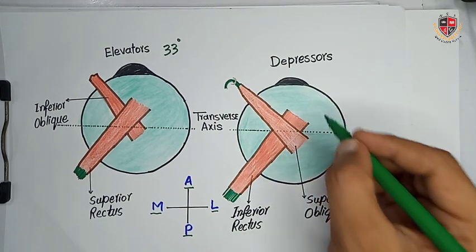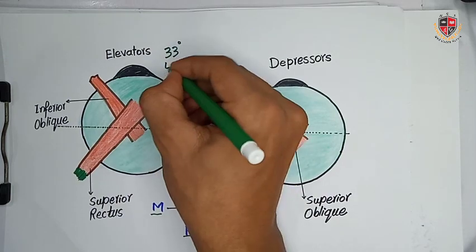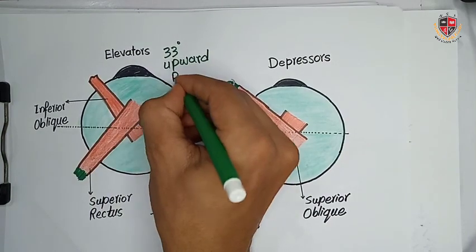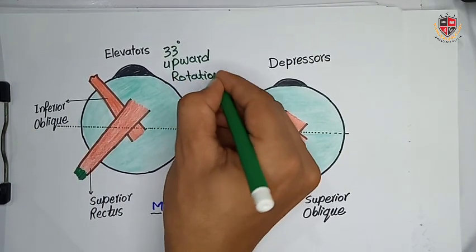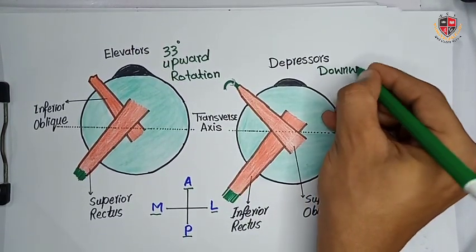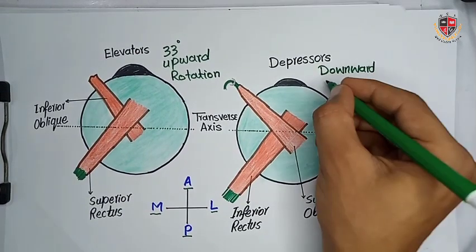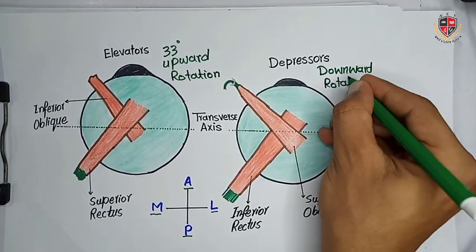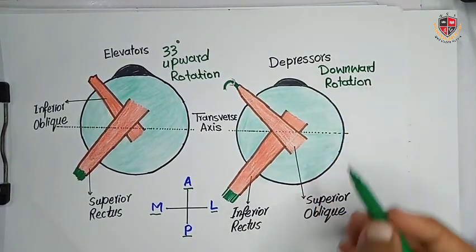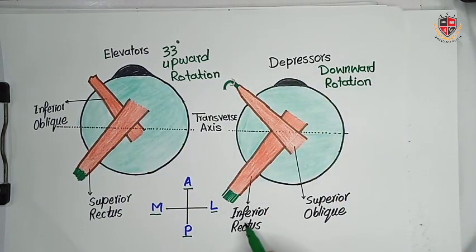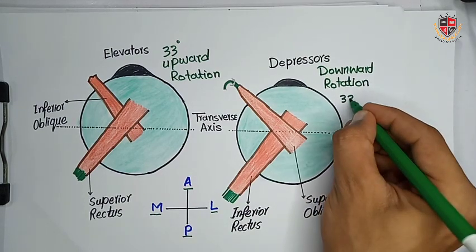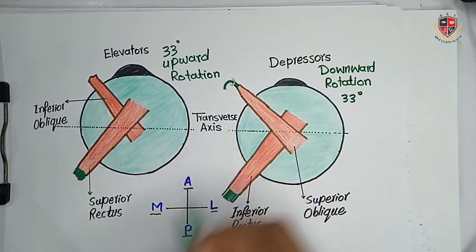These muscles cause downward rotation, these cause upward rotation, these cause downward rotation. These muscles, inferior rectus and superior oblique, cause downward rotation or depression at 33 degrees around the transverse axis.